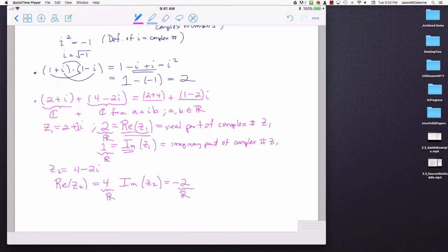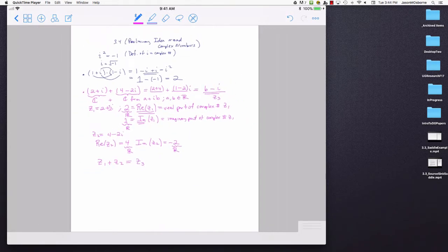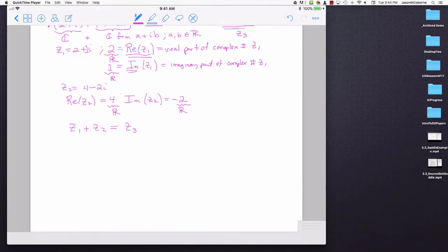So 2 plus i plus 4 minus 2i, you just do component-wise, 6 minus i. Okay, which is a new number z3. So if you take the complex number z1 plus a complex number z2, you get a new complex number z3. Okay, so there's some complex arithmetic and the idea of the real and the imaginary parts.